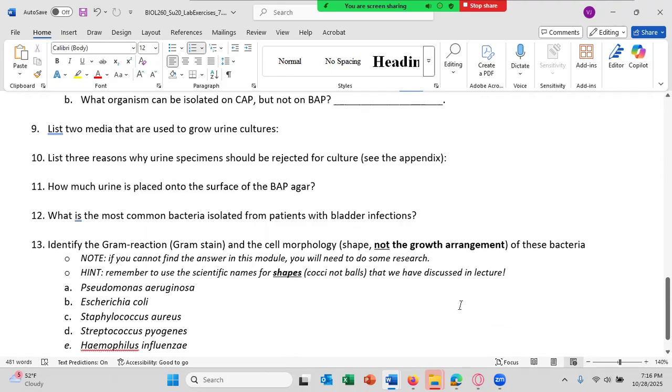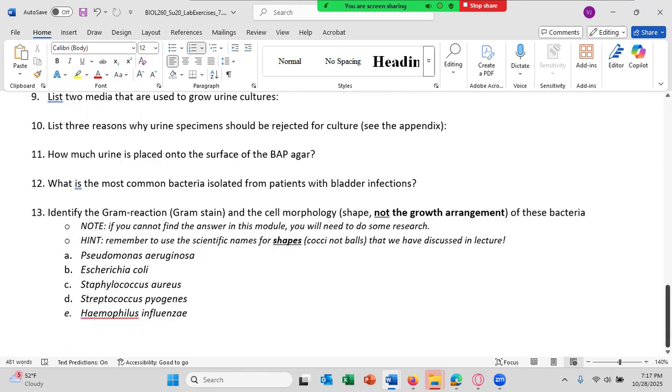13. Identify the Gram reaction and the cell morphology, the shape of the bacteria, not the cell growth arrangement. If you can't find an answer in this module, which I think you can, all of them are in here, you may need to do some research. Like Haemophilus influenzae, you can find in the lab appendix.